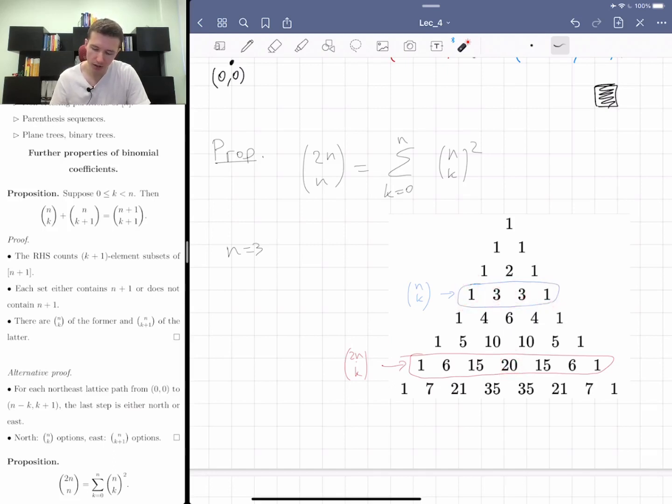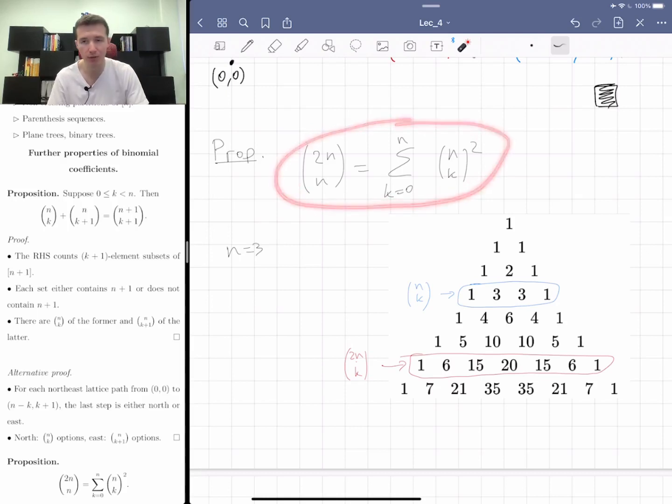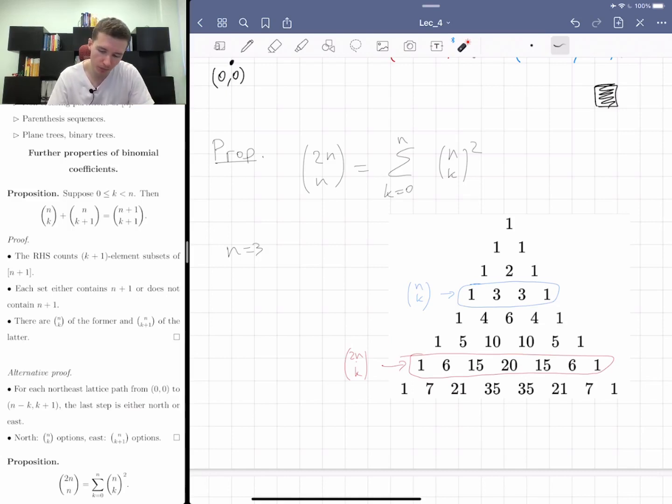Well, the idea is to just look at this formula. One powerful way is to interpret both sides of the formula as counting the same types of combinatorial objects, but in a different way. And it's very easy to do for the left-hand side, right? It counts lattice paths. Okay, so proof.